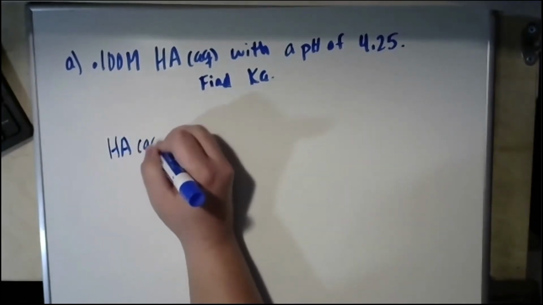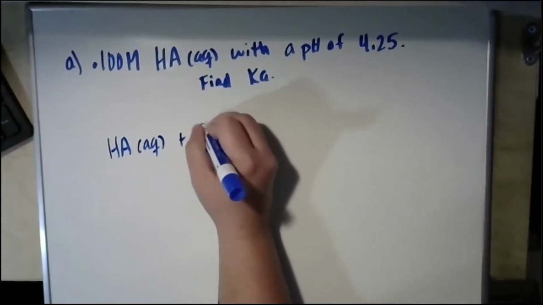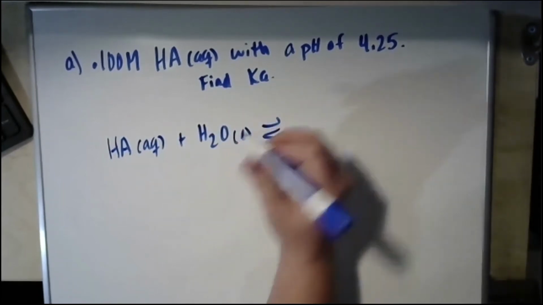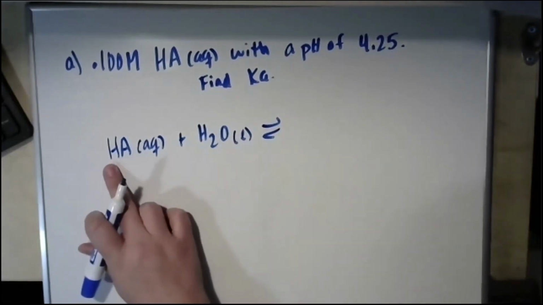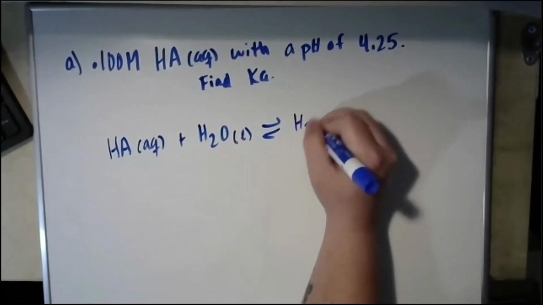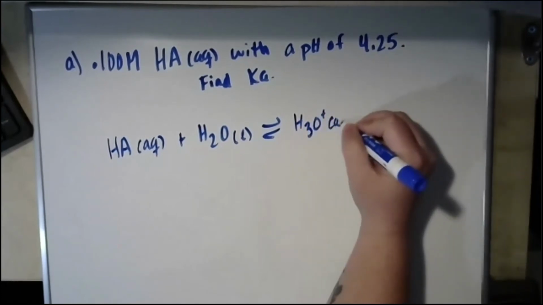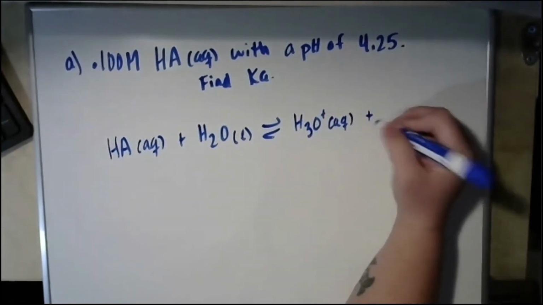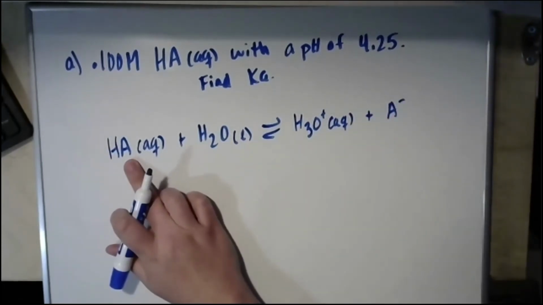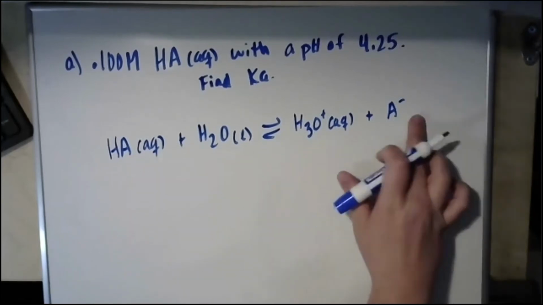So we have HA, it's reacting with water. And this hydrogen is going to ionize and attach to the water, forming H3O plus. And it's going to leave behind the rest of that anion. So that'll be our conjugate base over here.